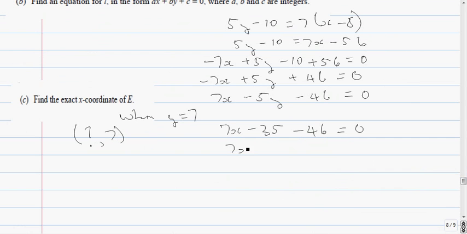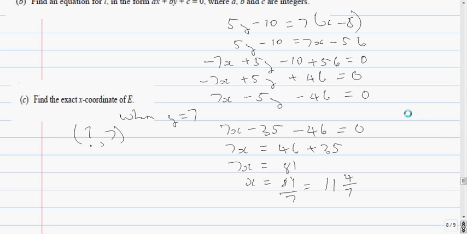So 7x is equal to 46 add 35. So 7x is equal to 81, isn't it? So x is equal to 81 over 7, which is 11 and 4/7, which I think is the answer.